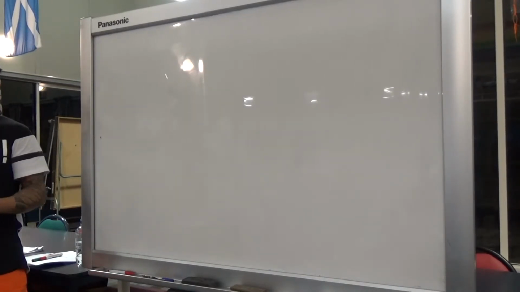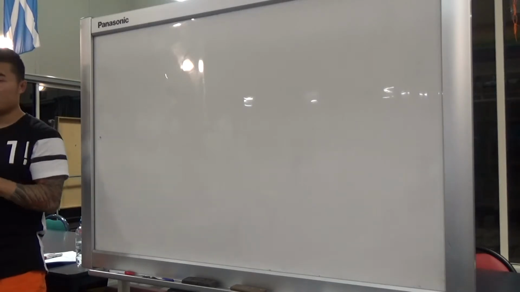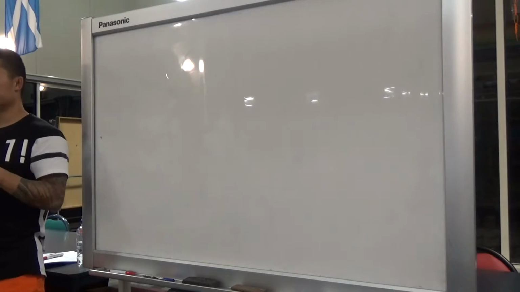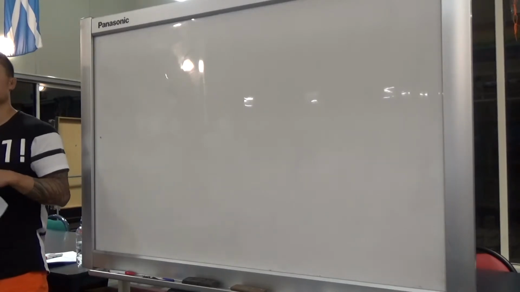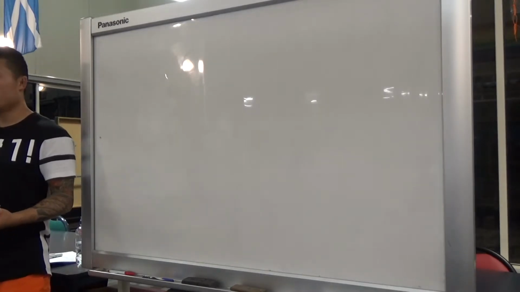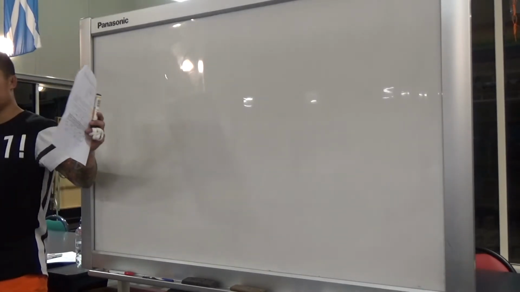So diffusion is, how can I describe it? Diffusion is the phenomenon where things spread out naturally.